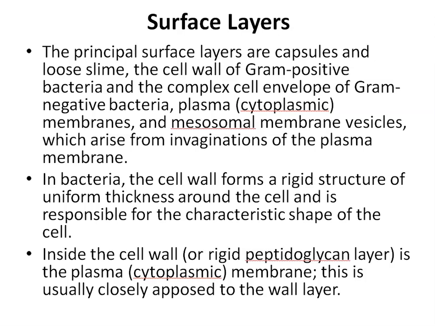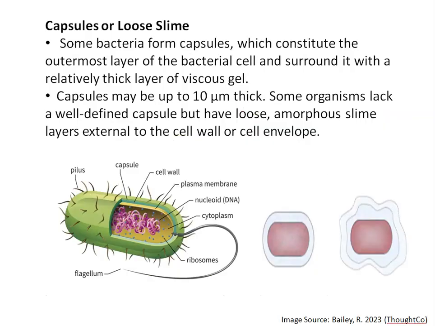Inside the cell wall is plasma membrane. This is usually closely opposed to the wall layer. Capsules or loose slime. Some bacteria form capsules. Now you can see here this is a green colored structure, capsule, which constitutes the outermost layer of the bacterial cell and surrounds it with relatively thick wall of viscous gel.